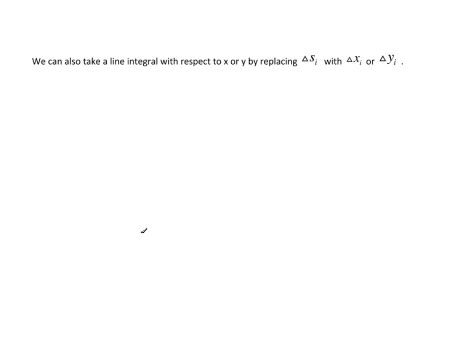Now we can also take a line integral with respect to x or y rather than with respect to the arc length. And really all we need to do is simply replace the delta s_i with the delta x_i and the delta y_i when we think in terms of the limits.